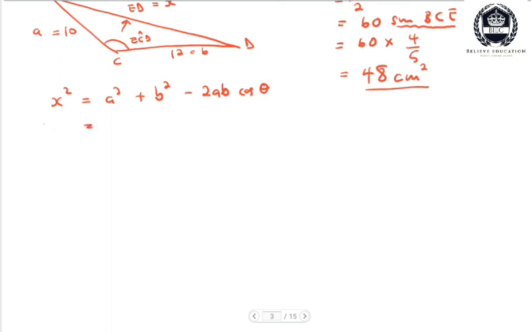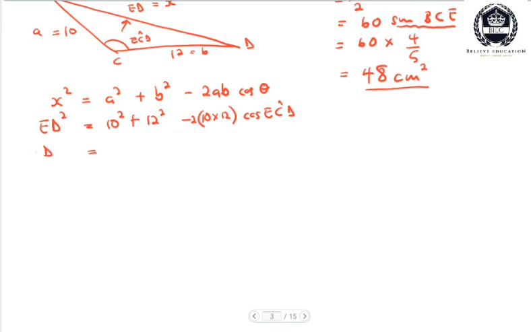Here then I have ED, so I say ED squared equals my A, which is 10 squared, plus my B, which is 12 squared, then minus 2 by 10 by 12, then cos of ECD.